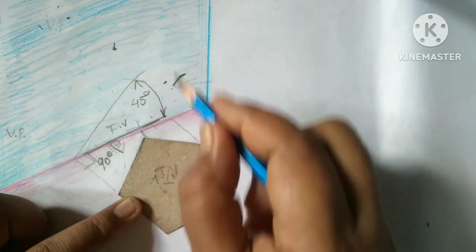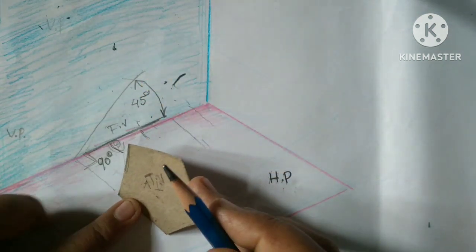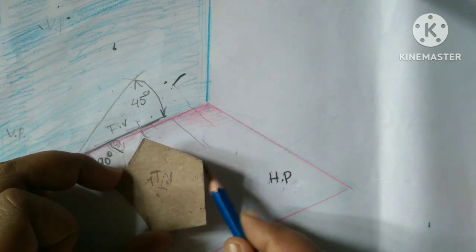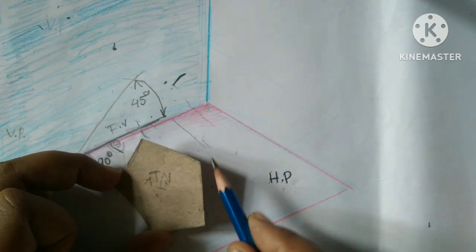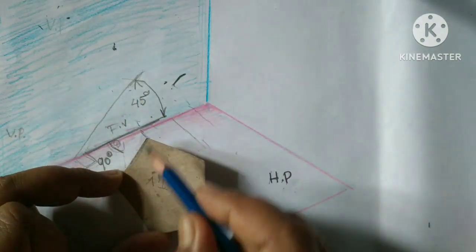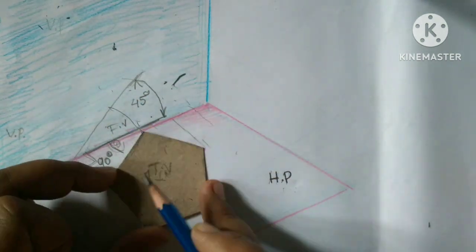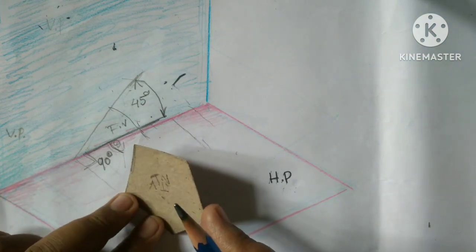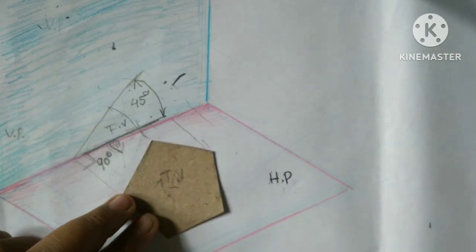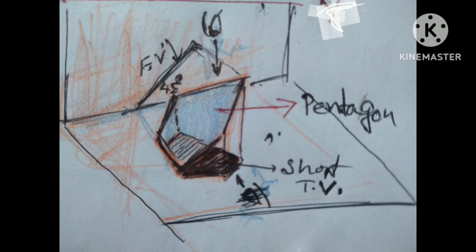And mind it carefully, for this action the shape of the top view will change. Actually it will be shorter in size. Look at this picture and try to understand why we get the shorter top view.